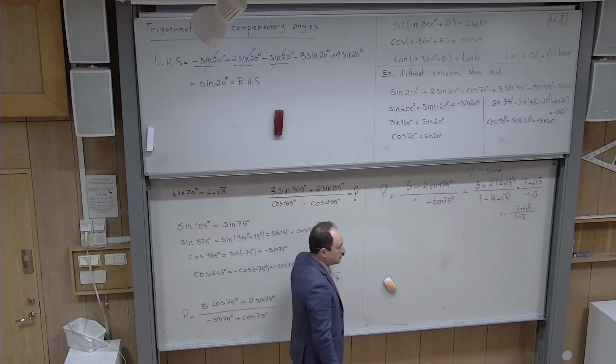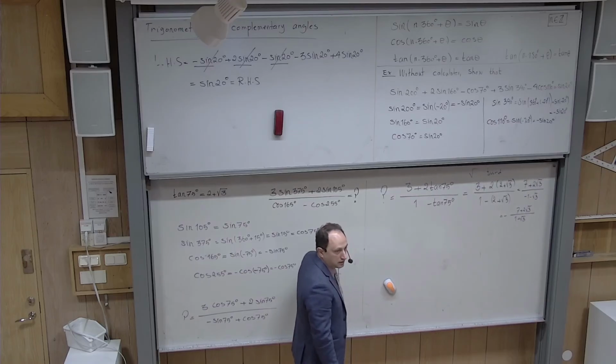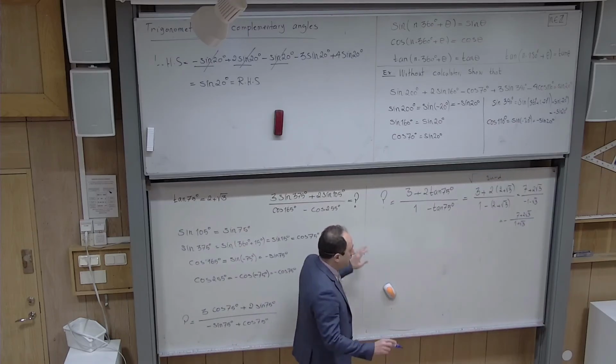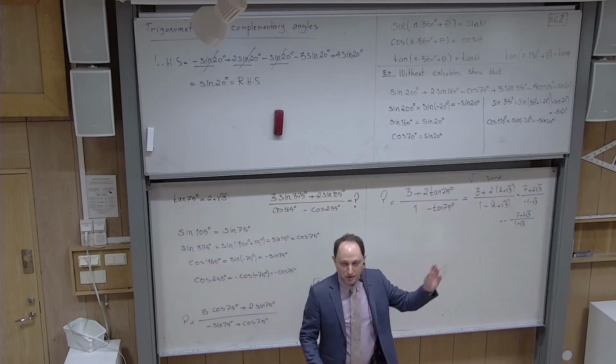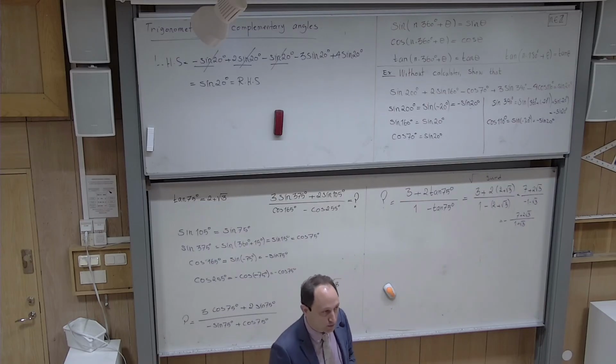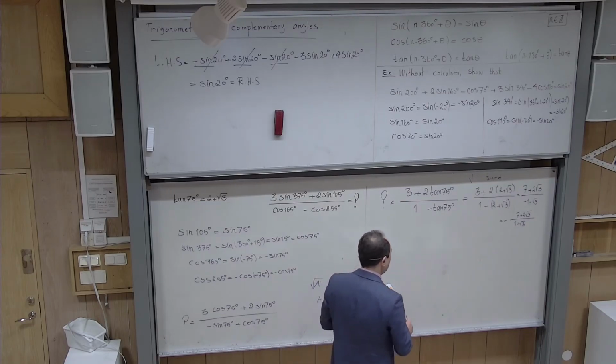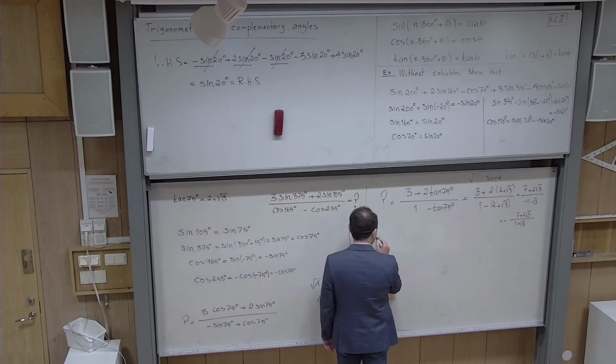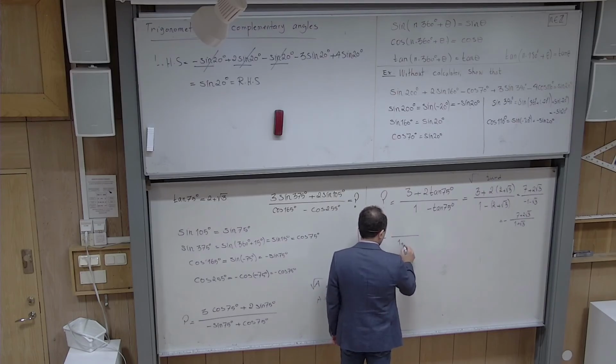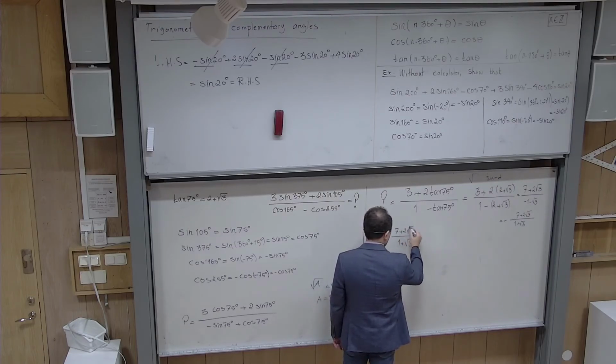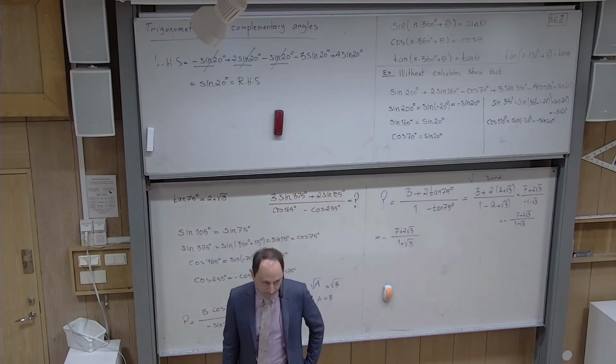Can you give me a way to get rid of that surd sign in the denominator? I don't have any problems with having surd signs in the numerator, but I want to get rid of them from the denominator. Can you just propose me something to do that? So what can I do?